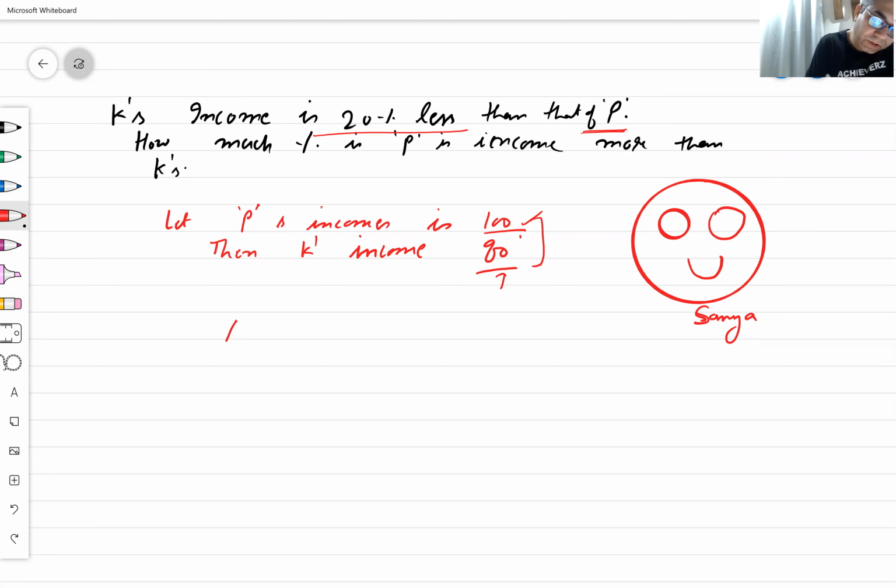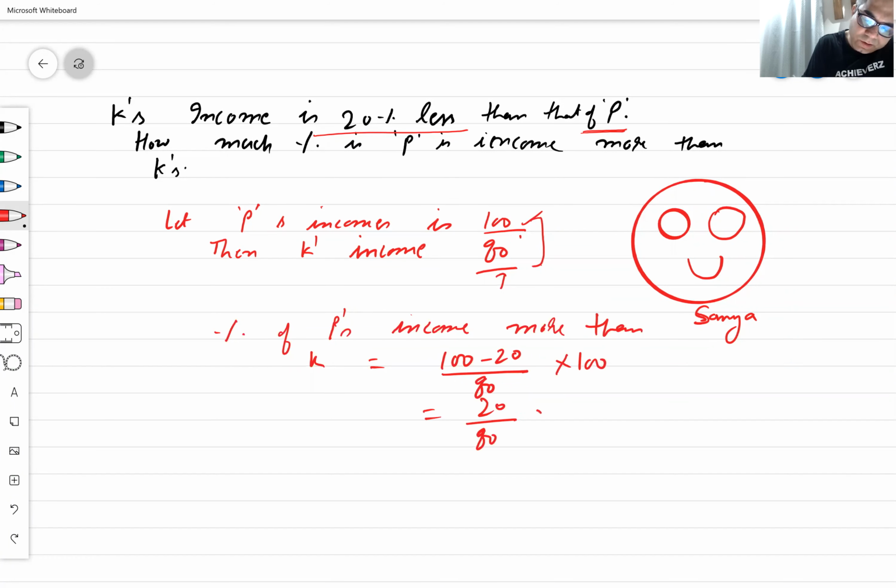So the percentage of P's income more than K is equal to 100 minus 80 divided by 80 into 100. That means 20 over 80 into 100. So this is 1 by 4, that is 25%. Is it clear or you need more clarification? Please tell me. The difference came because now 80 became the base. Earlier it was 100.